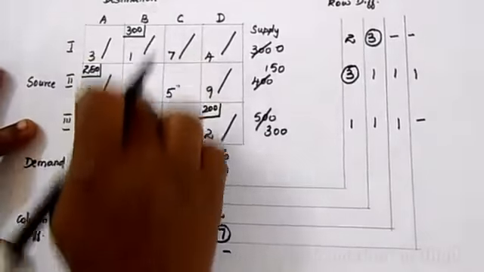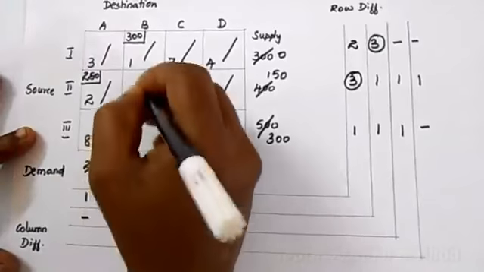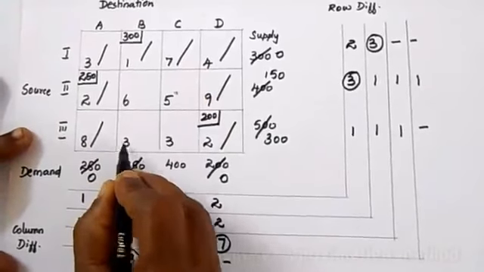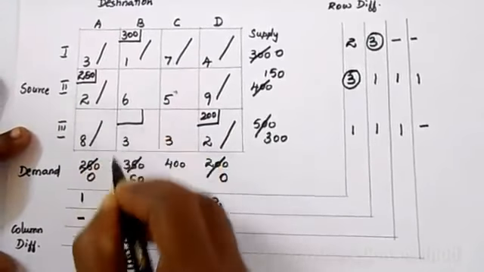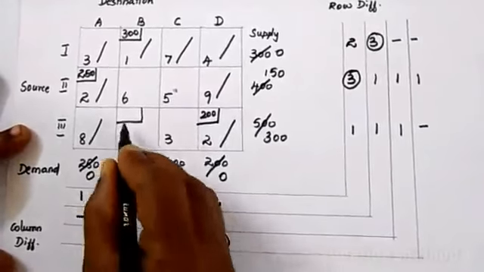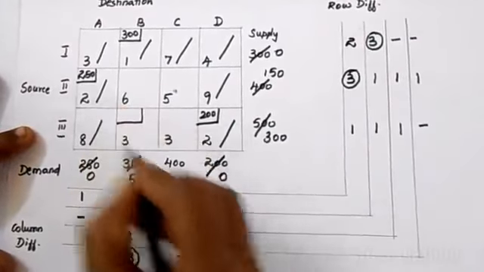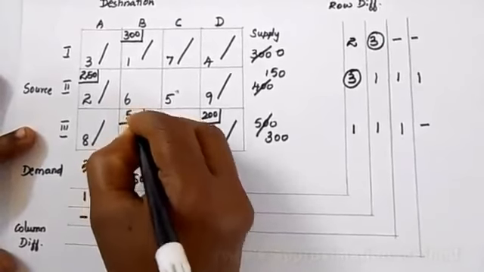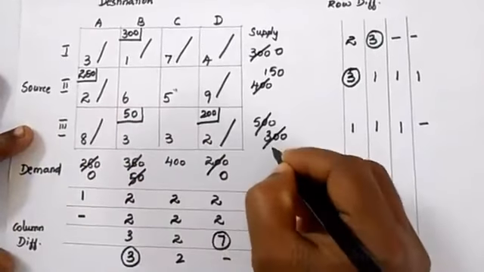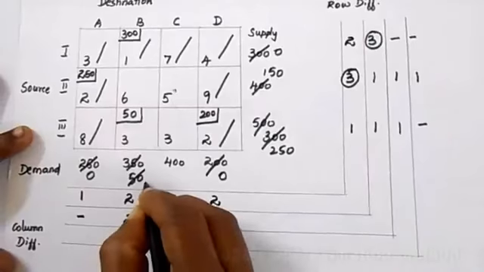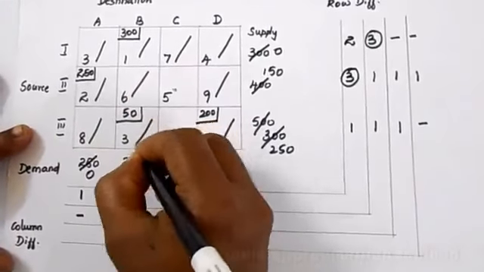It occurs in the second column. Among the two values, which one is least? This is the least value. Select this cell. Here we have only 50 but supply 300. Which is the lesser value? Demand is the lesser value than supply. Just put 50 here, remaining 250. Here you got 0. Just cancel this column.